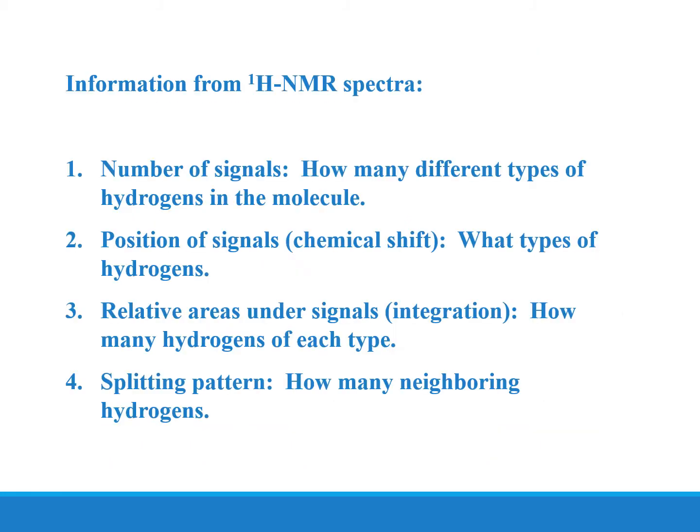So in general, what can we obtain from the NMR spectra? The number of signals in the NMR spectra tells us how many different types of hydrogen there are in that molecule, whereas the chemical shift, if they appear to the left side, means the hydrogens are in an environment with high electron density.